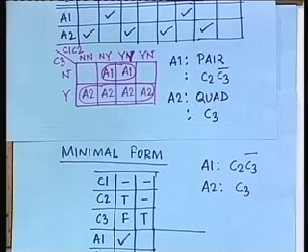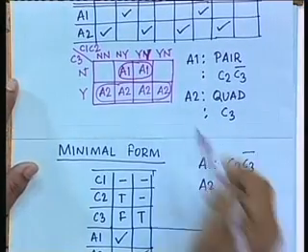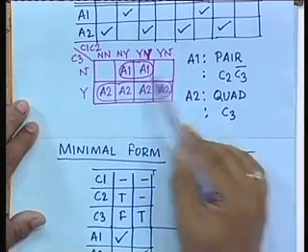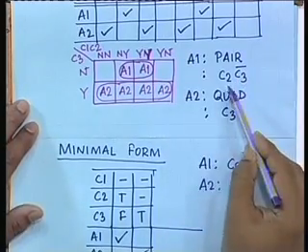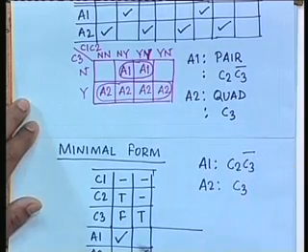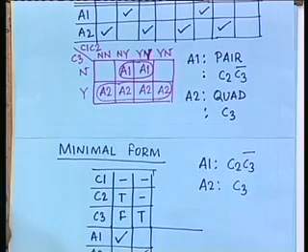Is it okay? So, we started with some kind of a complex logic, and from this complex logic we have tried to put it in the minimal form, right. We have the KMap here, and this KMap analysis shows a pair, therefore C2 C3 bar, and a quad, C3, and making use of them we put it together in the minimal form, right.